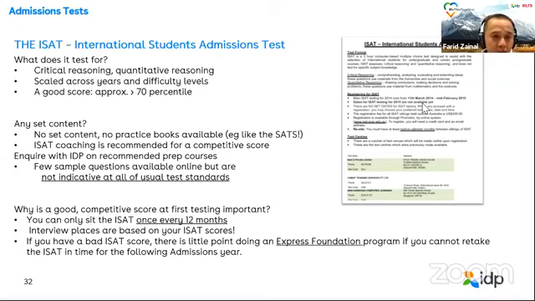You may ask why a good competitive score is important. Simply because the ISET test can only be attempted once every 12 months. So if you have done it today on the 9th of January, and you would like to improve your scores, you can only do it on the 10th of January next year.